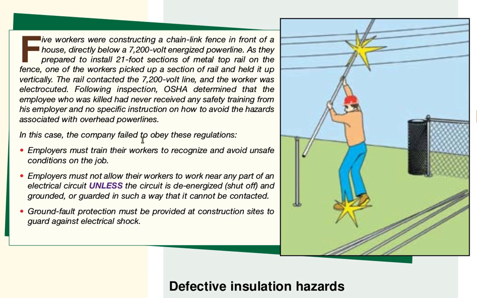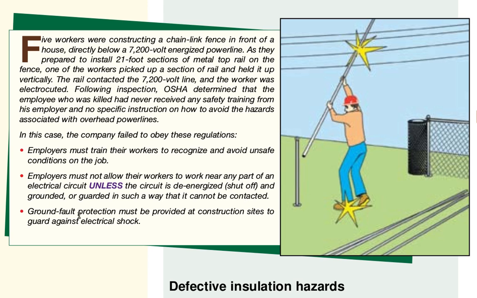In this case, the company failed to obey 3 regulations. Employers must train their workers to recognize and avoid unsafe conditions on the job. Employers must not allow their workers to work near any part of an electrical circuit unless the circuit is de-energized, that means shut off, and grounded or guarded in such a way that it cannot be contacted.